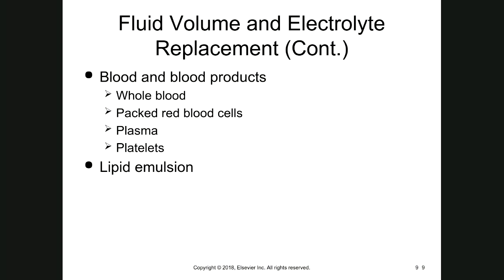So for instance, if you have someone that's bleeding out, you want to use a colloid. Blood products include packed red blood cells, plasma, and the cryoprecipitate.